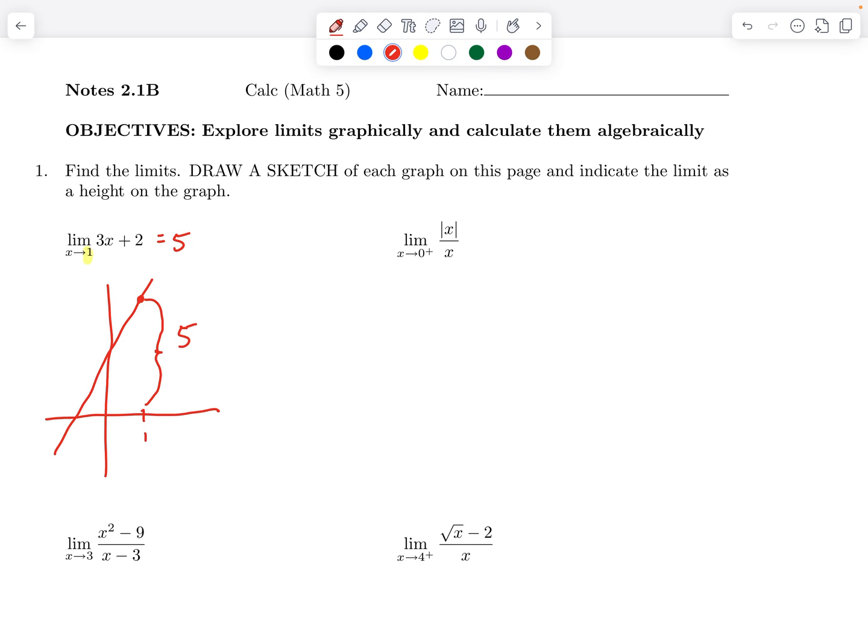Okay, so make sure that you have the notation properly. The little plus sign means only work at it from the right.